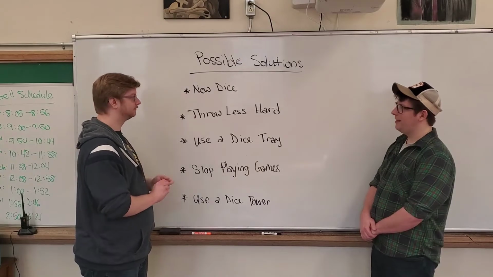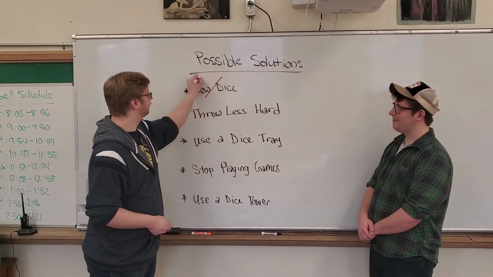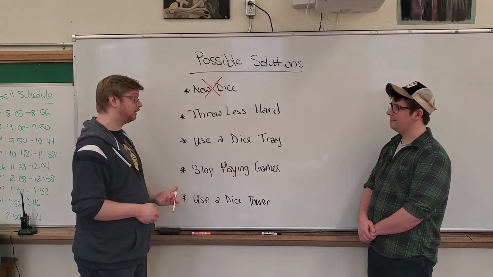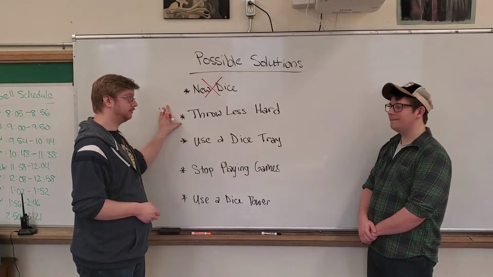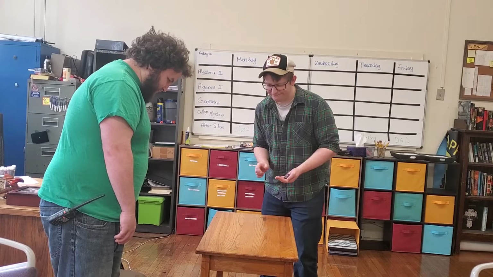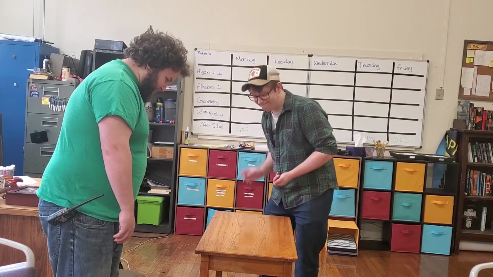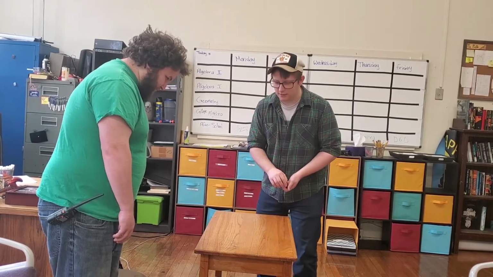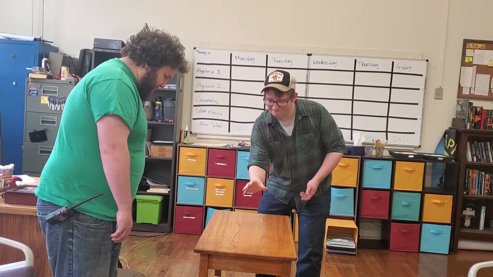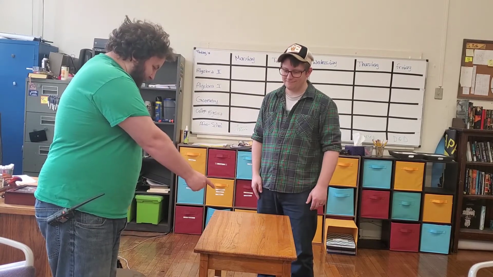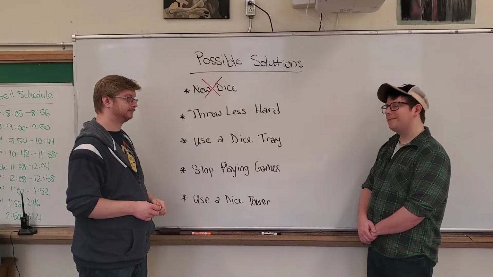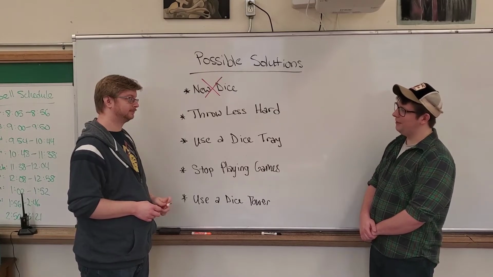I feel like we have plenty of dice. Yeah, you're probably right. You could throw the dice less hard. What happened? I don't think I'm physically able to do that.